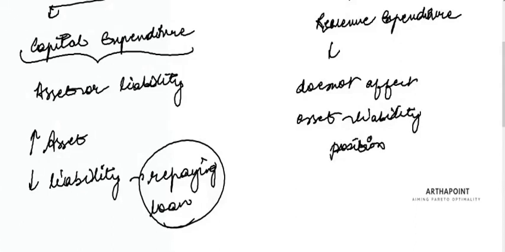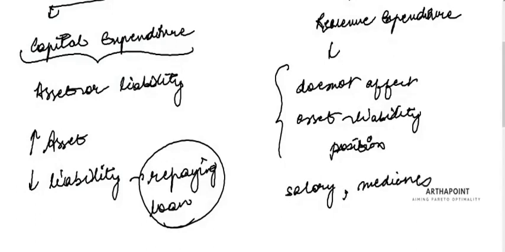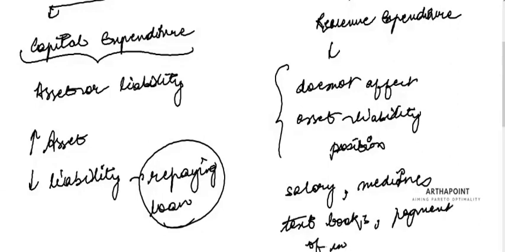So, examples of revenue expenditure can be paying the salary to the staff, paying medical bills of the staff, getting medicines for your staff members, getting textbooks for people, then payment of interest. All these are revenue expenditures of the government.